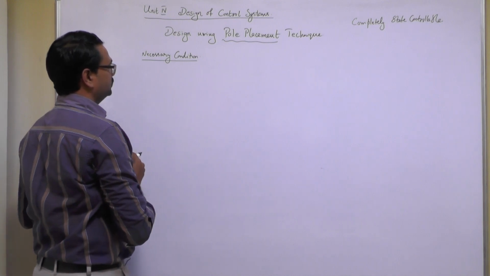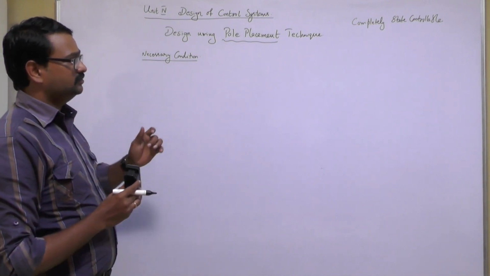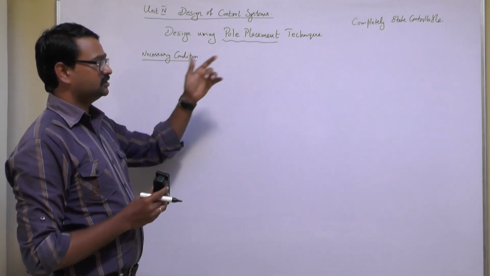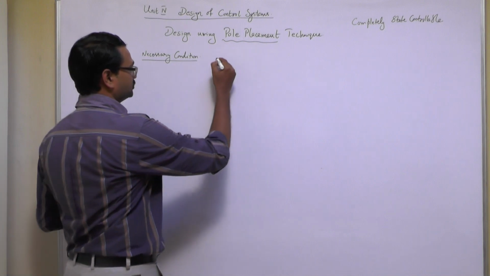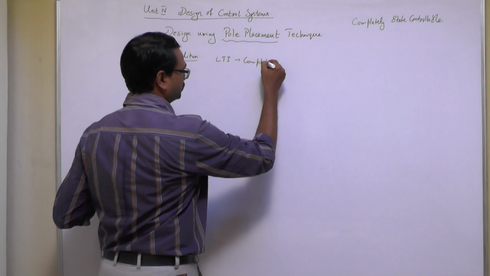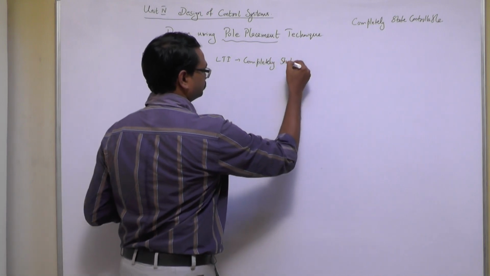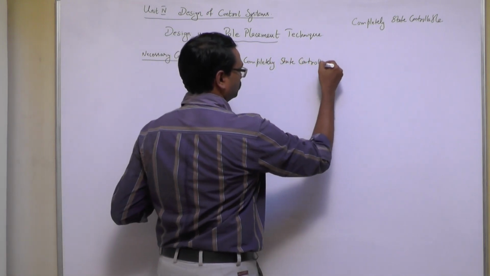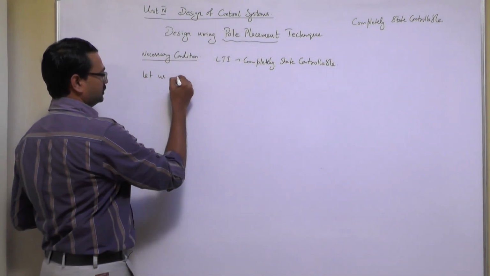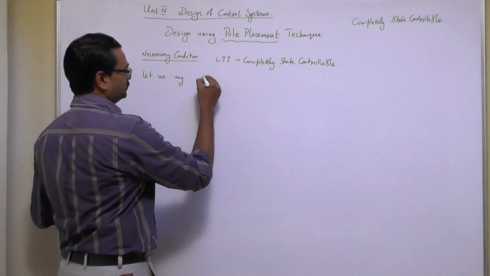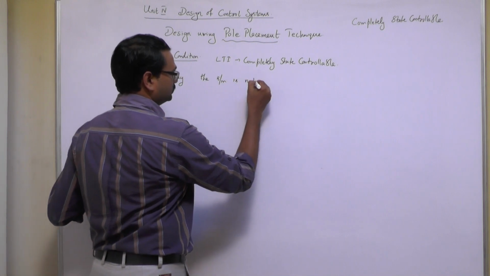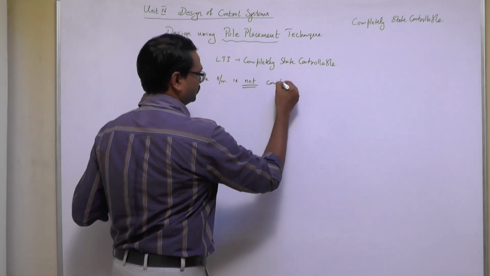What is the necessary condition? For the poles to be placed at desired locations, the linear time invariant system must be completely state controllable. To prove this, let us say the system is not completely state controllable.